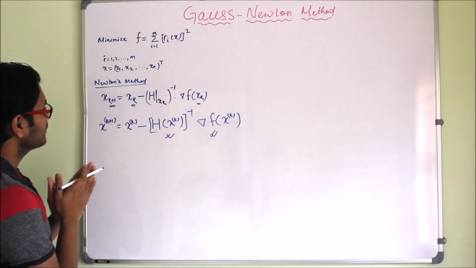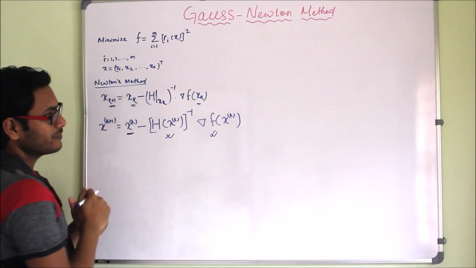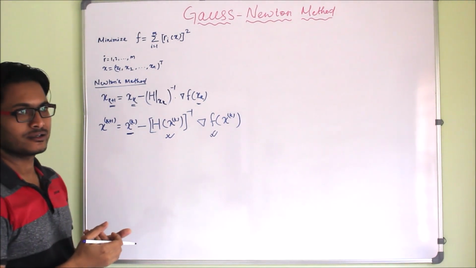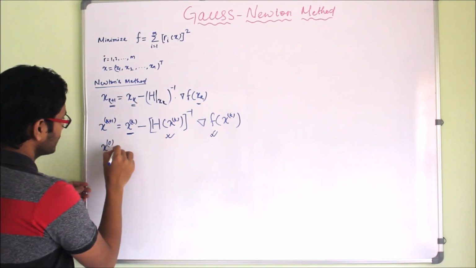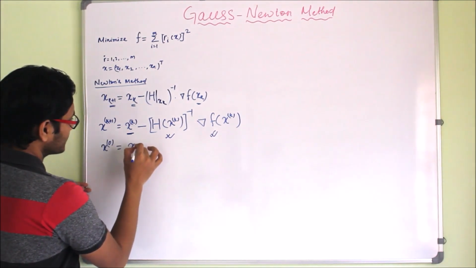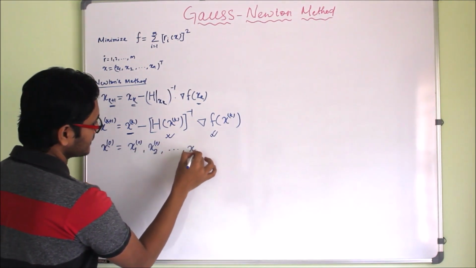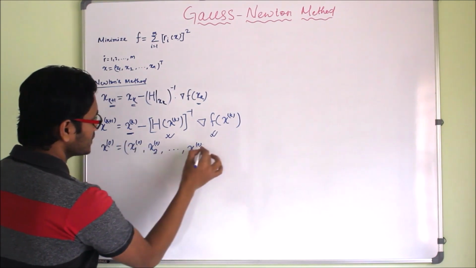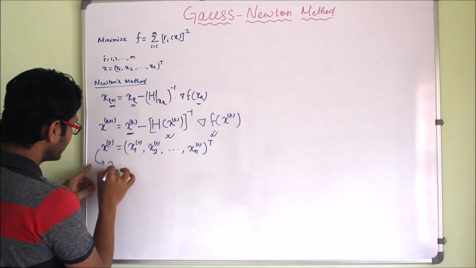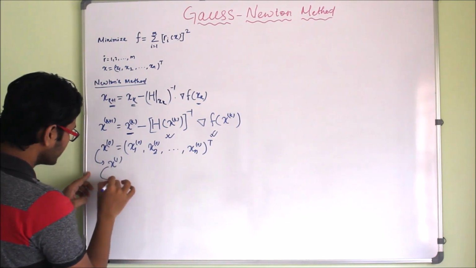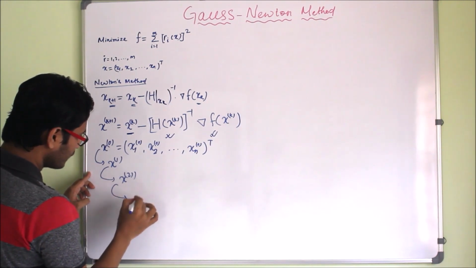That means in our problem the initial vector, that is x0, will always be given, and we have to find x(k+1). So x0 will be given, that is x1 of 0, x2 of 0, like that up to xn of 0. Using this vector we find x1, then using that we find x2, and so on.